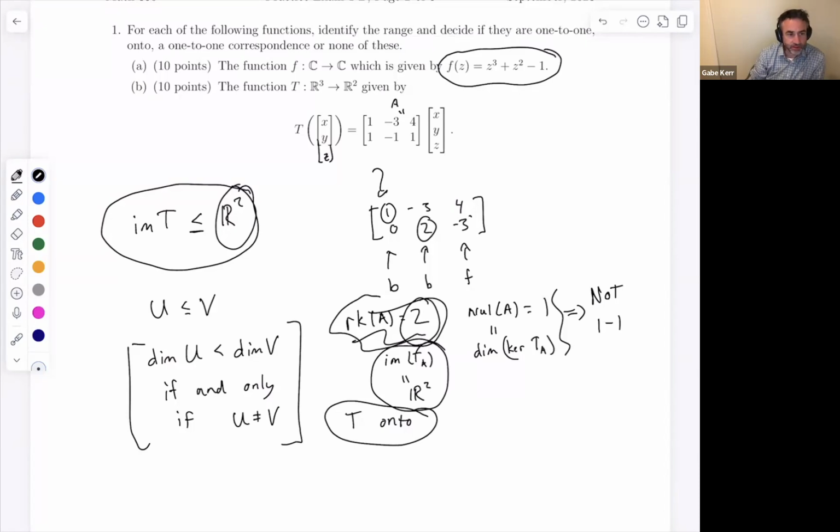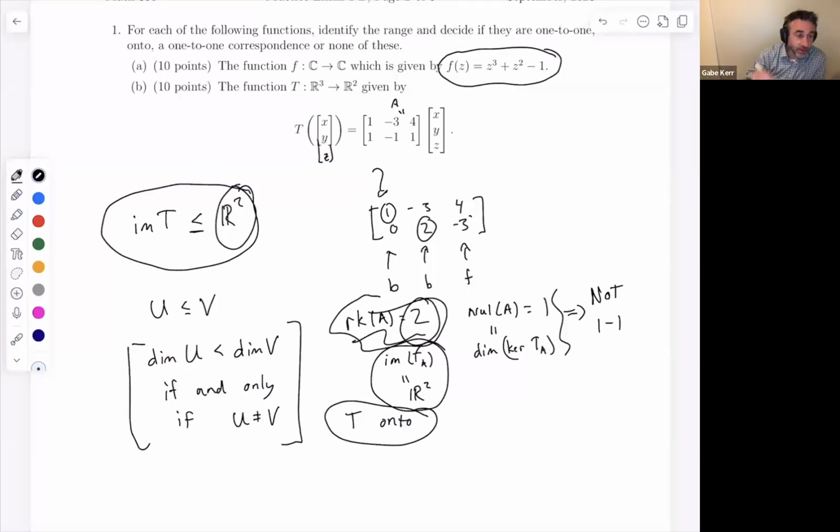So maybe someone else looking at this, do you have a sense as to why this is not one-to-one? Is it just because there's no z? There's no just z component, z to the 1.